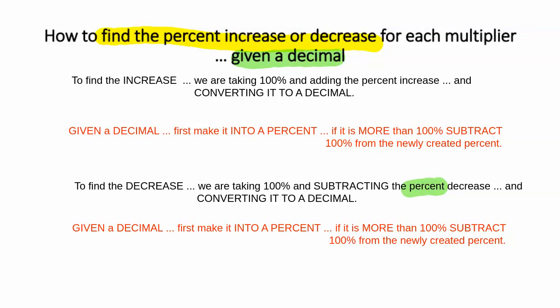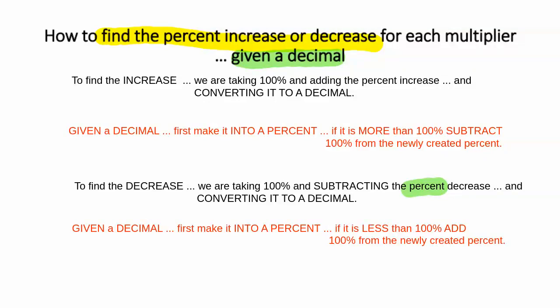And as we did above, in this case, if it's less than 100%, we're going to add 100% to the newly created process. Now, these two may not make sense until I show you what we are going to be doing.